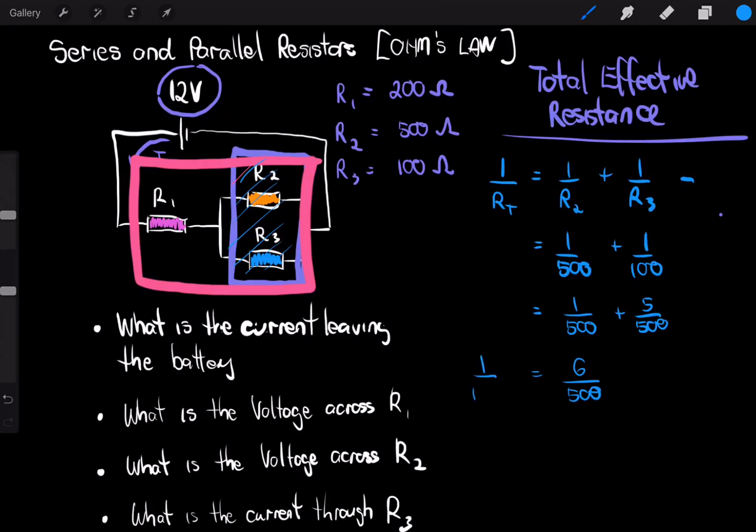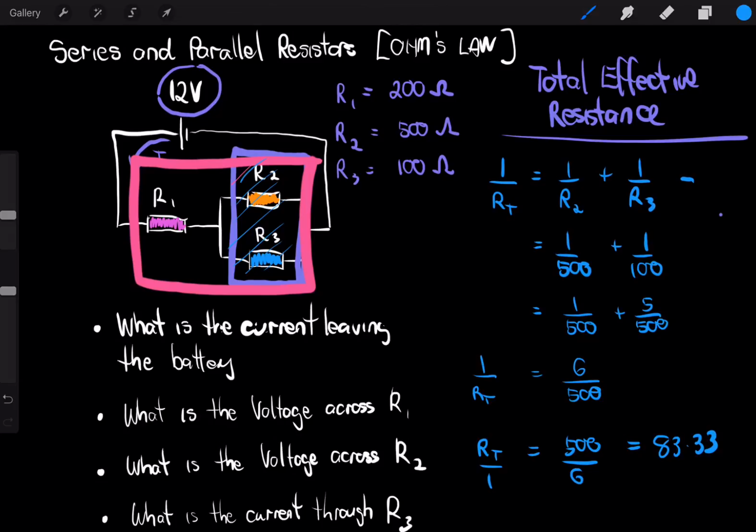So 1 on RT equals 6 on 500. Therefore, RT is going to equal 500 divided by 6, which is 83.33. So these two resistors, R2 and R3, have a combined resistance of 83.33.